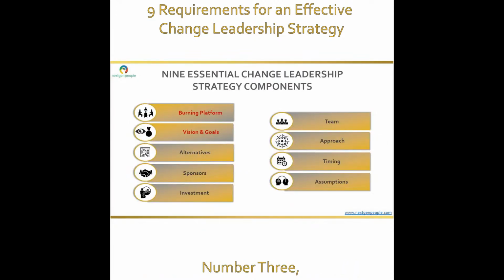So number 3, as far as the strategy steps that are needed for change leadership, all alternatives should be identified. Sometimes as leaders, we want to know exactly what we want to do, and we don't want to see any B or C option. That's fine if your mind is made up, but you want to be educated on those alternatives.